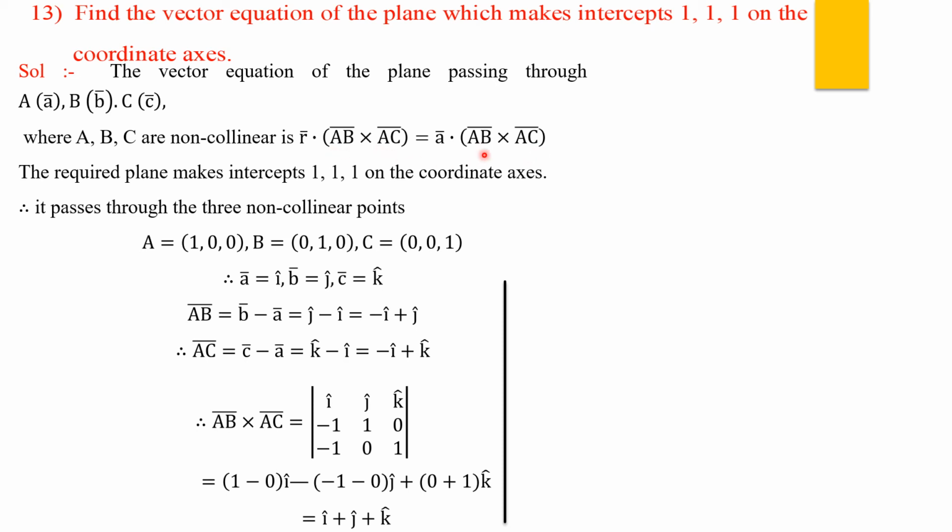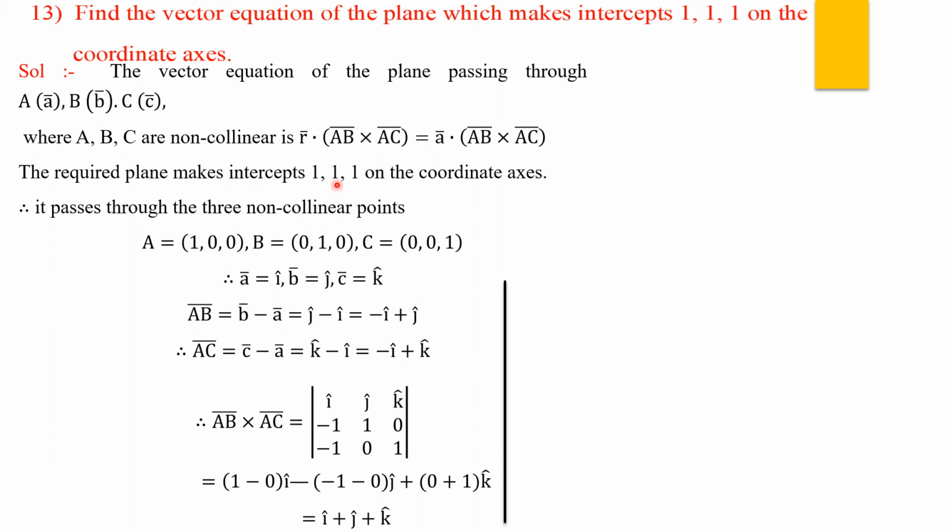Here AB cross AC is normal to the plane. As AB vector and AC vector are on the plane, their cross product is normal to the plane. Hence the equation of the plane is r vector dot n vector equal to a vector dot n vector. N means normal to the plane.